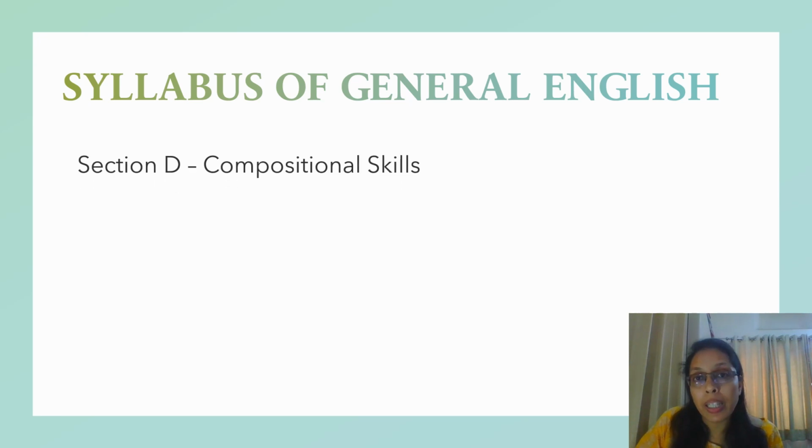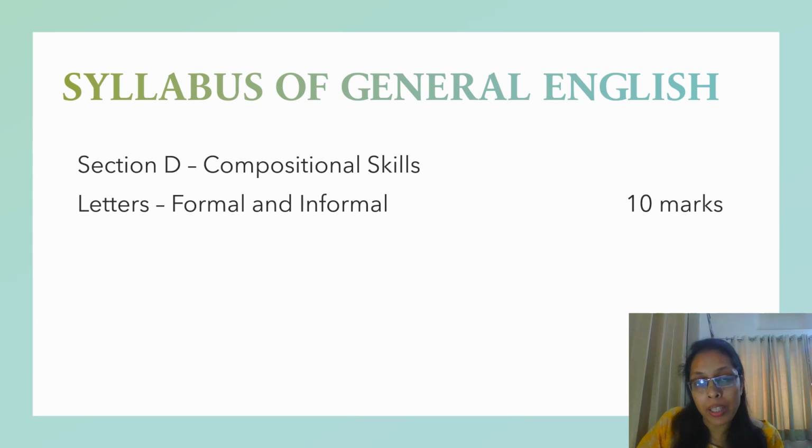Then section D consists of compositional skills. Now compositional skills means that you will be required to compose something. That is, you will be required to write something on your own. So the first item in this section is letters, formal letters and informal letters.